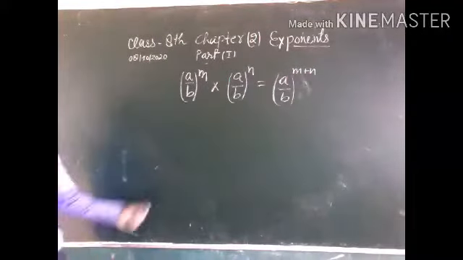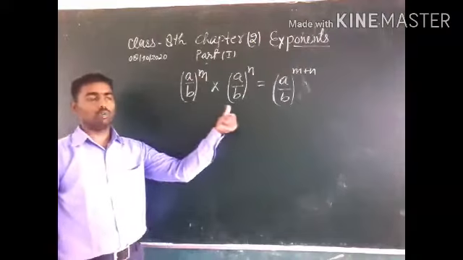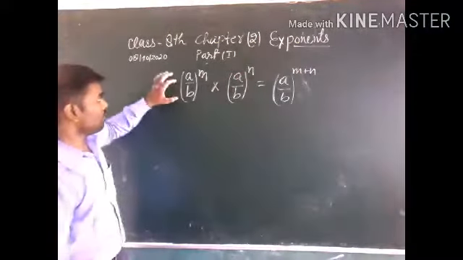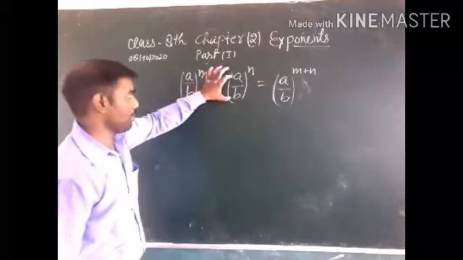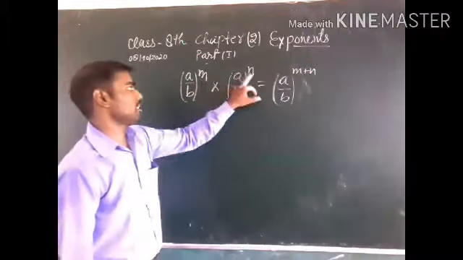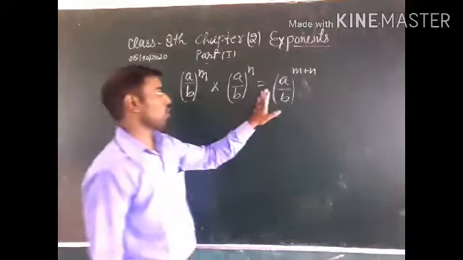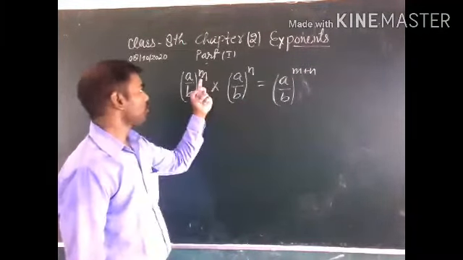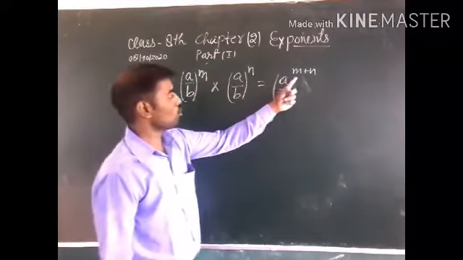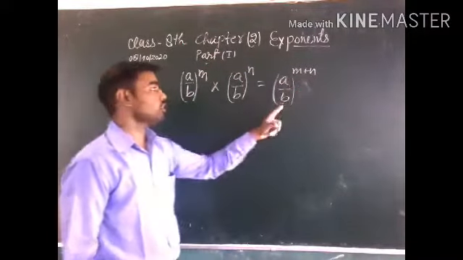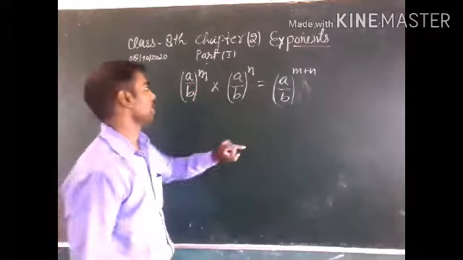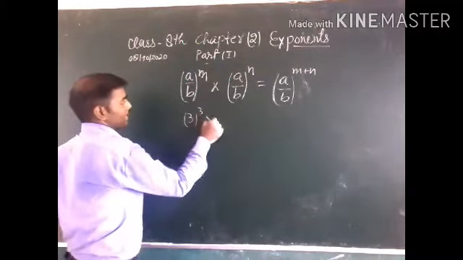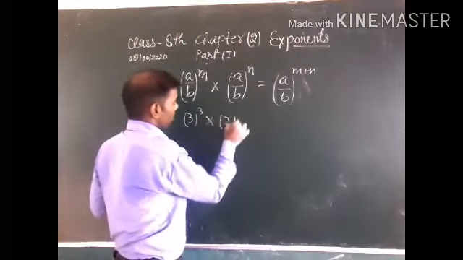If the base is equal, then the powers are added. This is a by b and a by b, the same base and different powers. So this is equal to the base to the power m plus n.